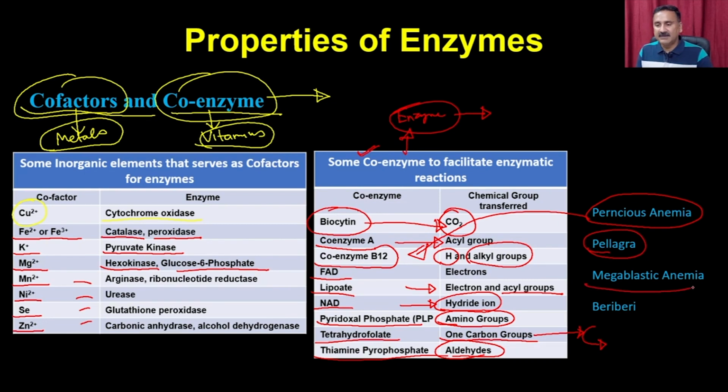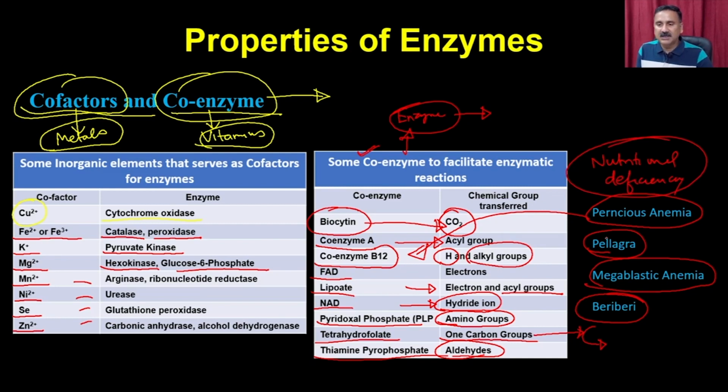Then we have megaloblastic anemia as well as beriberi. In all these diseases, what you see is actually because of nutritional deficiency. So you cannot get some of these molecules in your nutrition, and that's how you are going to develop some of these diseases, because these coenzymes are not present, and that's how these enzymes will not be able to function, and that's how they will not be able to facilitate these chemical reactions.